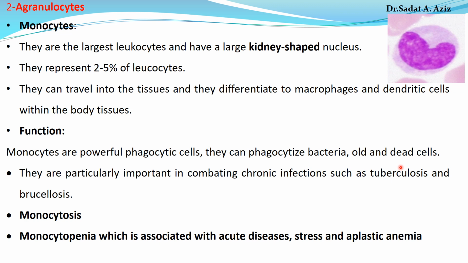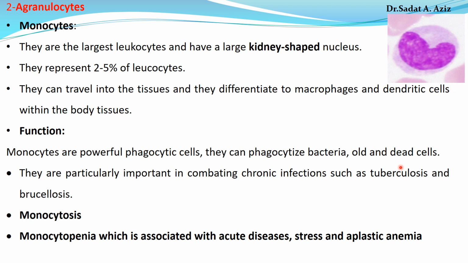It can affect other structures and organs, but it is a common respiratory disease. And we have another chronic bacterial infection which is called brucellosis. Also, this brucellosis is a bacterial infection.